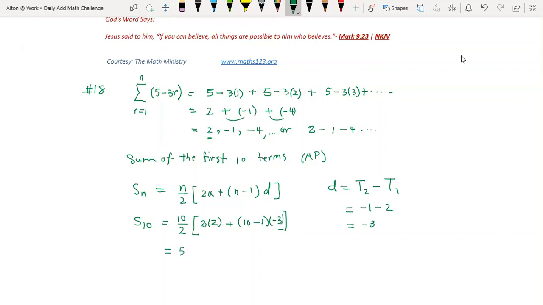So this is 5, open brackets, 2 times 2 is 4, plus 10 minus 1 is 9 times minus 3 is minus 27. So this simplifies to 5 times minus 23.